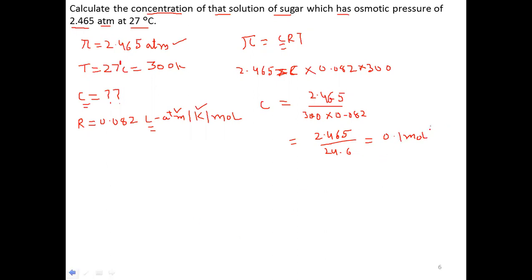This answer will come in mole per liter. So this is the concentration, 0.1 mole per liter, and mole per liter is molarity. We can say 0.1 molar. We calculated the concentration from osmotic pressure and temperature just by putting these values.